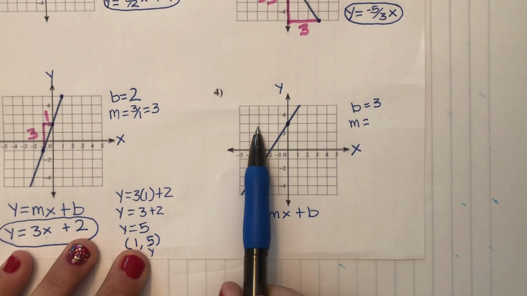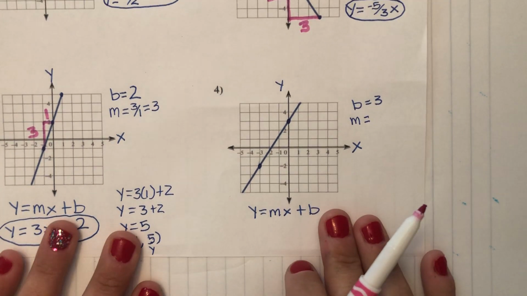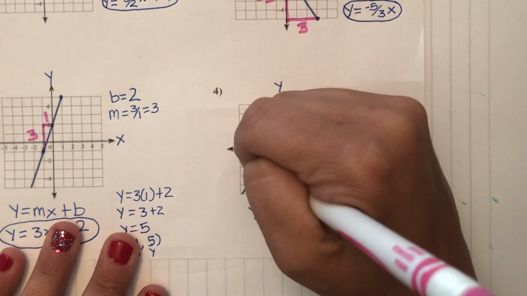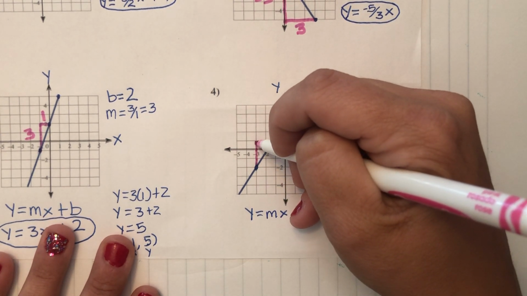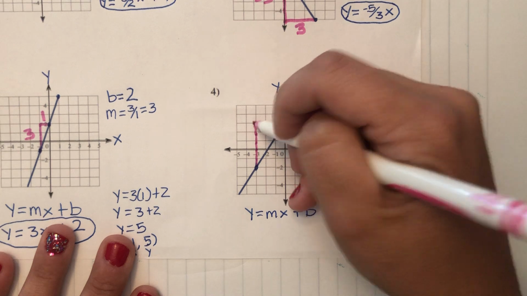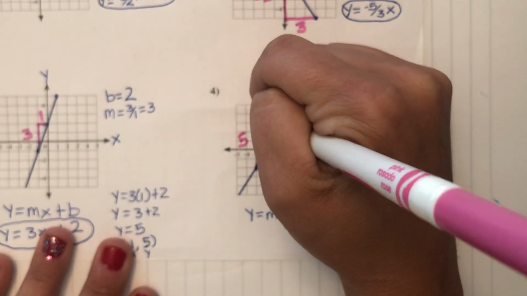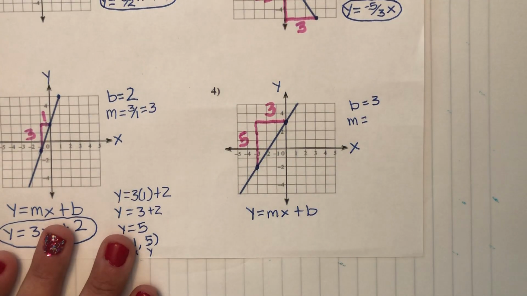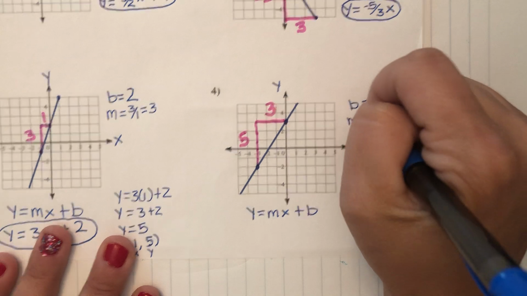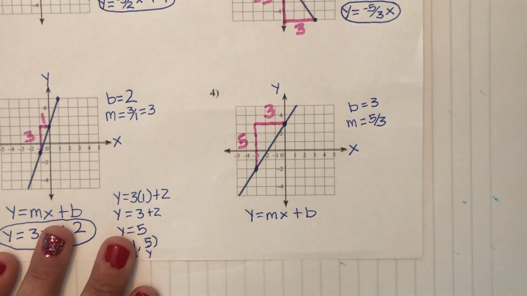I'm going to calculate the rise and the run to my next point. How many units up and how many units to the right. We are going 1, 2, 3, 4, 5 units up. So that's a positive 5. And then 1, 2, 3 units over. That's a positive 3. So the slope of this line is 5 over 3.